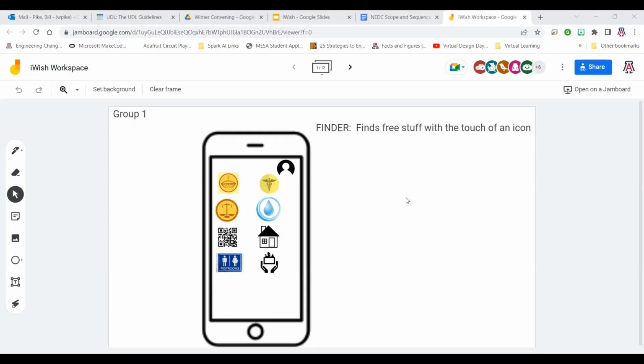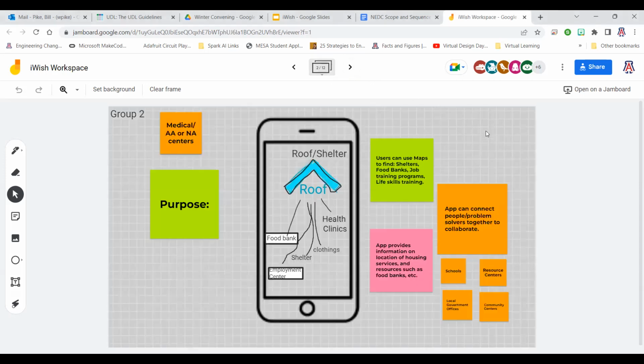Any other questions for group 1? Okay, let's go over to group 2. Great job, group 1. All right, group 2.